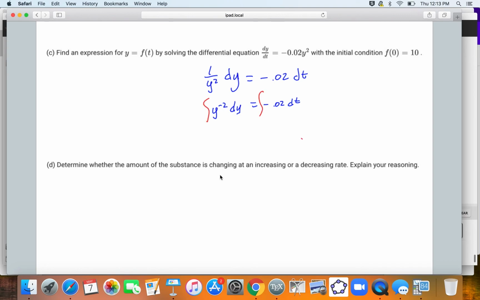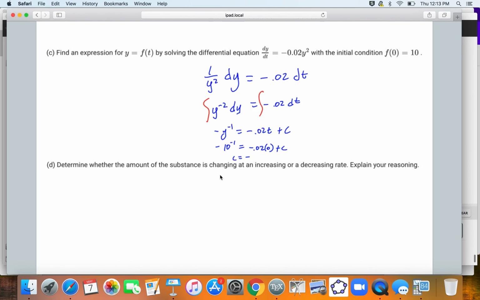So on the left, we will add 1 to the exponent and divide by the new exponent. That gives me negative y to the negative 1 equals negative 0.02 t. Don't forget the constant. And now we're going to solve for our constant using the initial condition (0, 10). So negative 10 to the negative 1 equals negative 0.02 times 0 plus c.